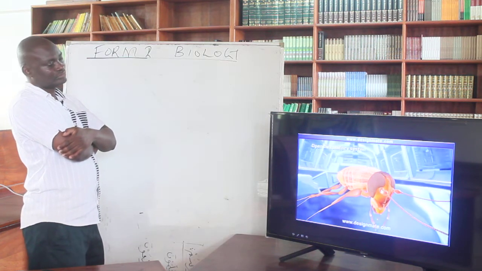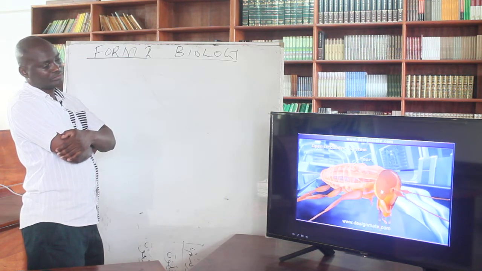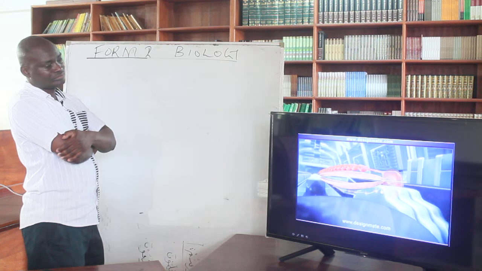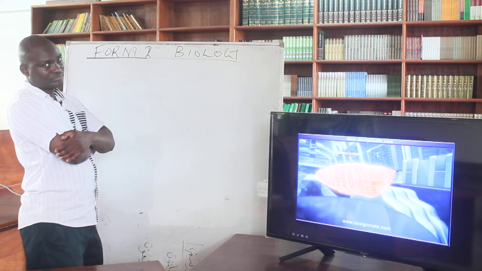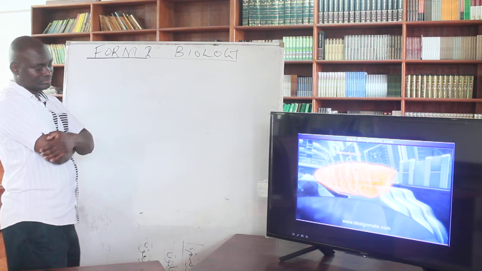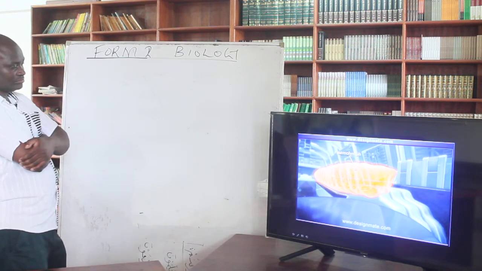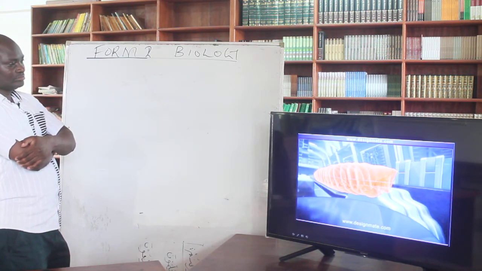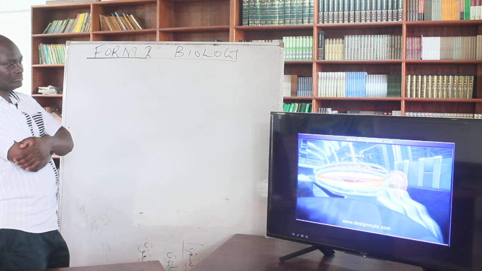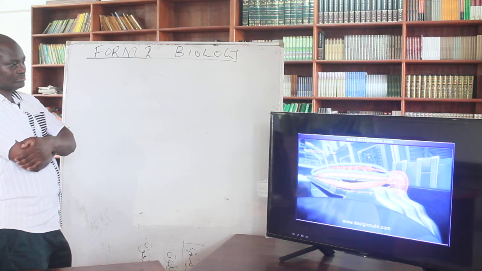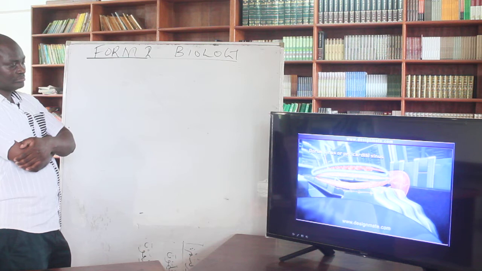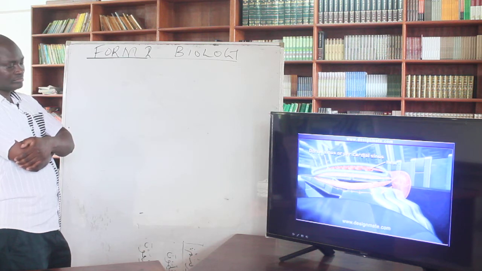Cockroach has an open circulatory system consisting of heart and the hemolymph. The hemolymph is a colorless fluid that fills the body cavity. The body cavity is divided into 3 chambers or sinuses. The dorsal sinus is also called the pericardial sinus, as it contains the heart.